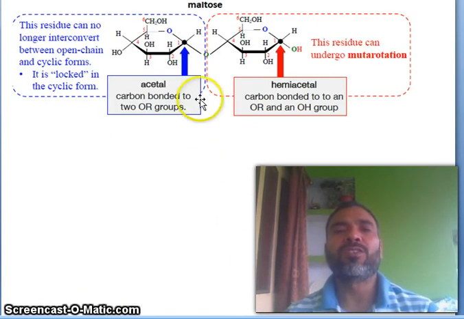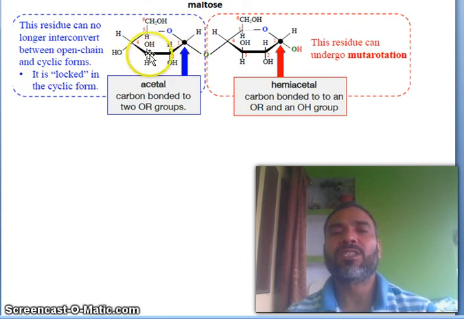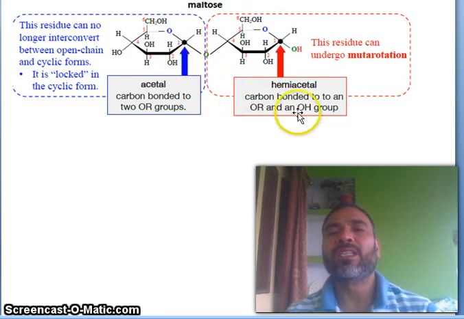Now in maltose, this residue can no longer interconvert between the open chain and cyclic form. It is locked in a cyclic form. It is locked because this carbon is acetal, a carbon bonded to 2 OR groups. That one is important, acetal, just remember it. And this is hemiacetal. This residue can undergo mutarotation because this is alpha, sometimes it becomes beta.